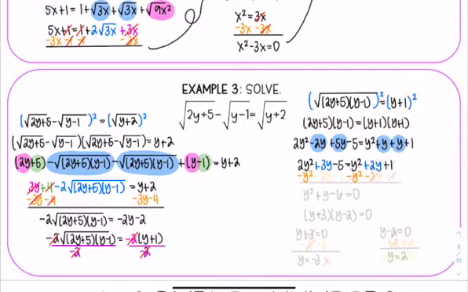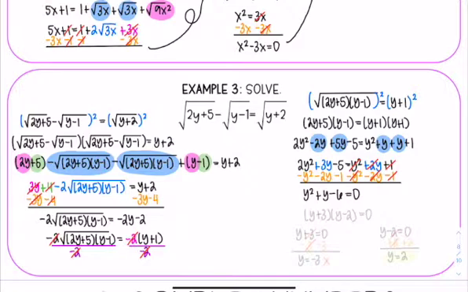I'm going to subtract 2y from both sides, and I'm going to subtract 1 from both sides. And so the right hand side, everything is going to cancel, and we end up getting y squared plus y minus 6 equals 0.